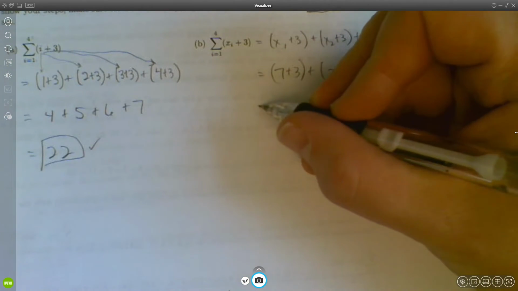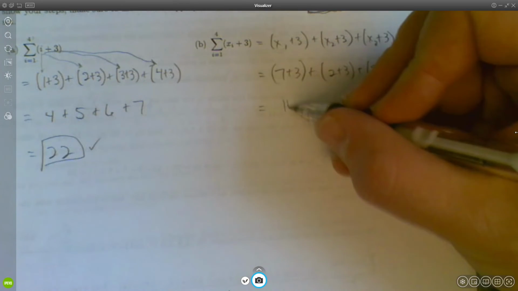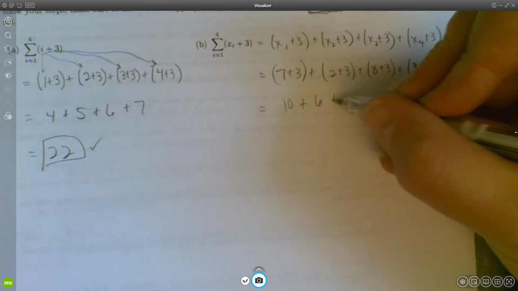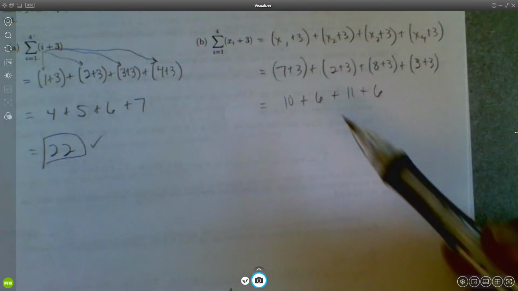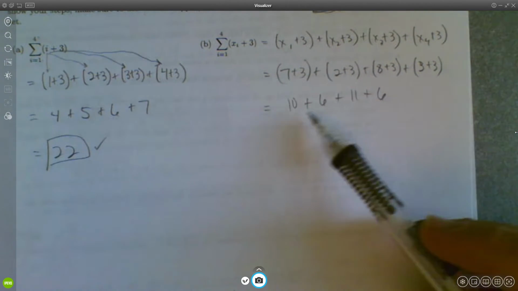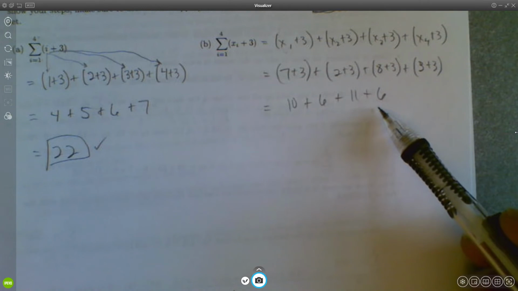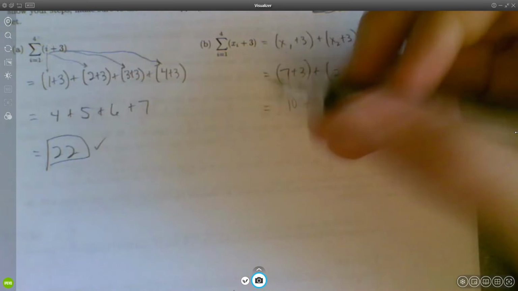And then I can add these things up. We've got 10 plus 6 plus 11 plus 6. Let's see, that's 21 plus 12 more, I think gives us 33.